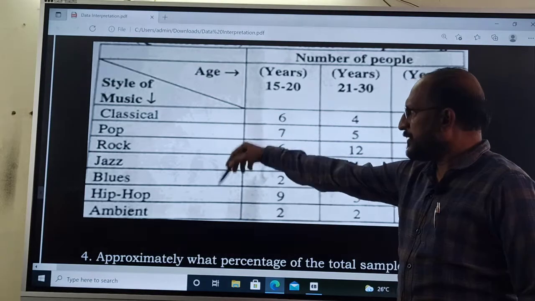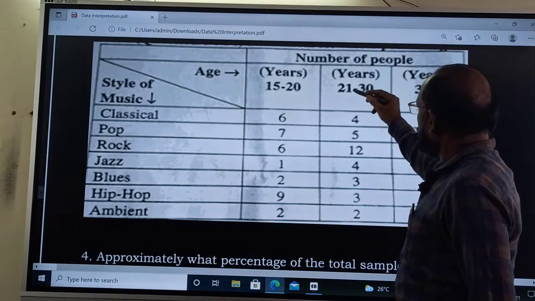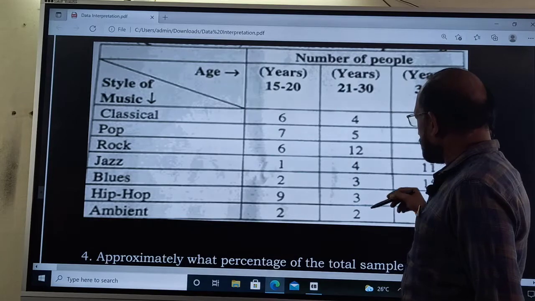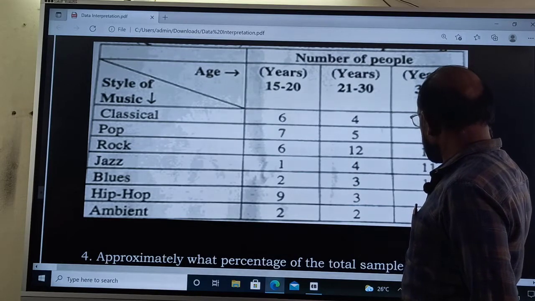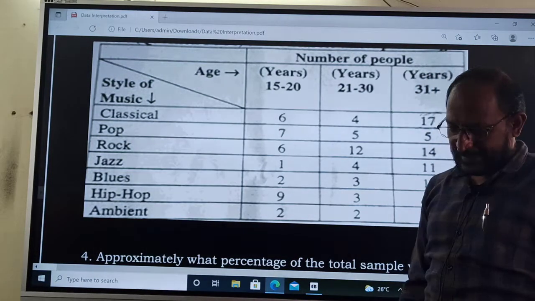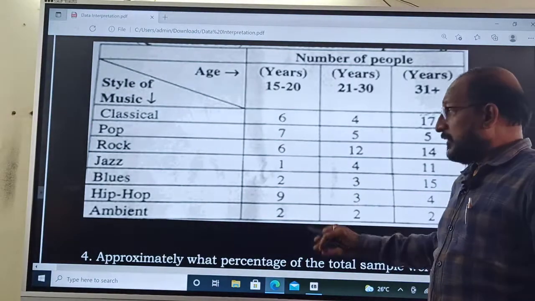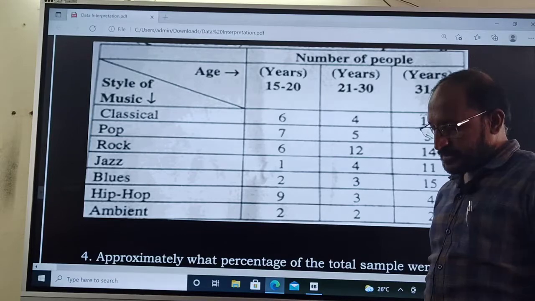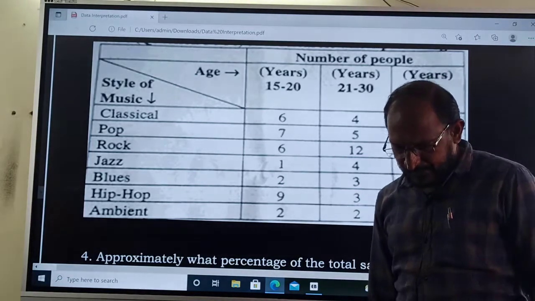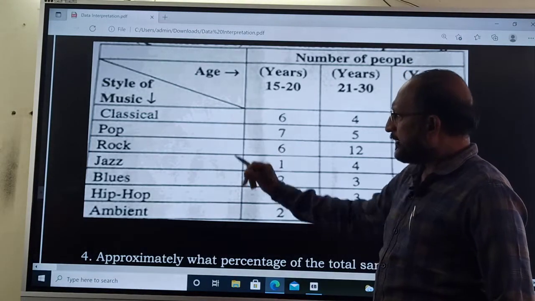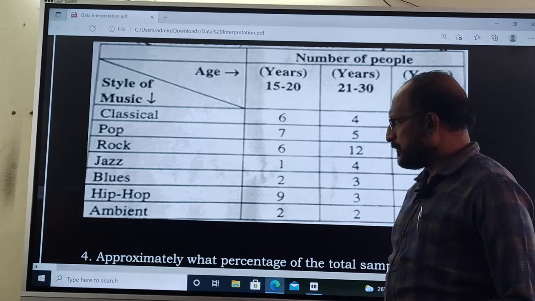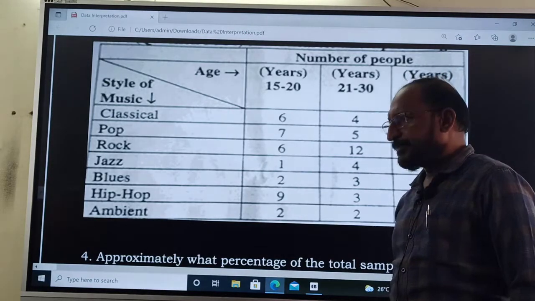These are the types of music styles, then 21 to 30 years, and 31 plus. If you write this data, it is easy to solve the problems. Can you copy this data: classic, pop, rock, jazz, blues, hip hop, ambient?